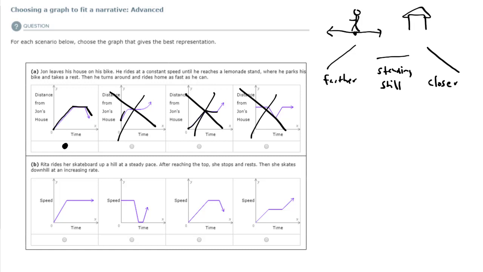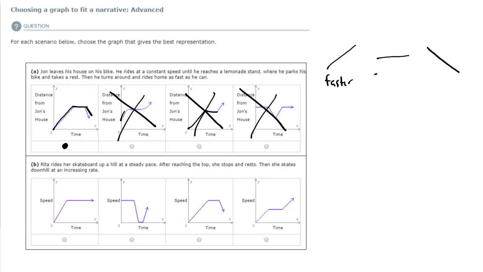Let me erase these variables so that way we can look at the next problem, in which we're going to be measuring, actually in this one, speed. So I have to think about, what do these slopes mean in terms of speed? If the speed is increasing, that means you're going faster. If the speed is the same, that means you're going the same speed.